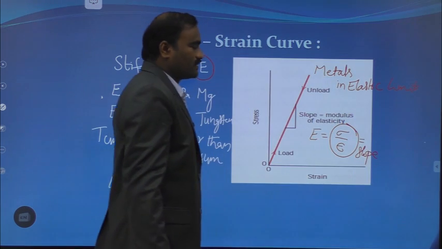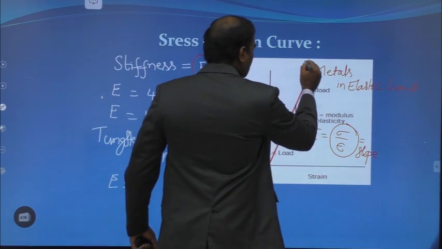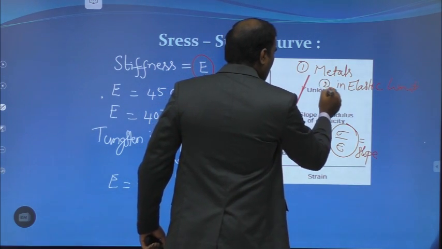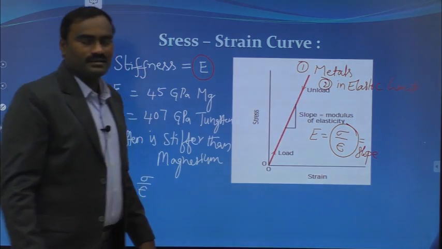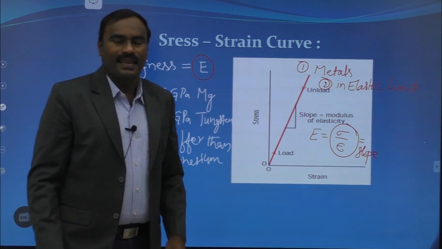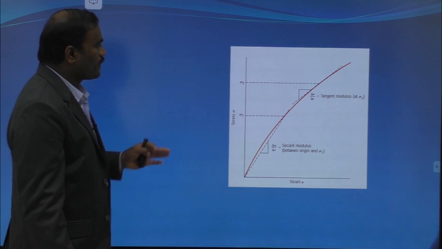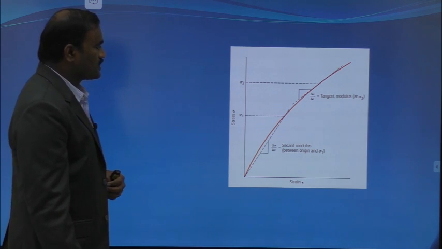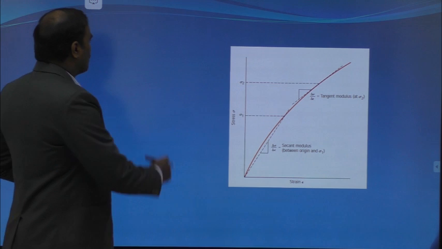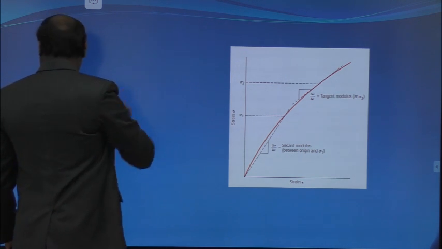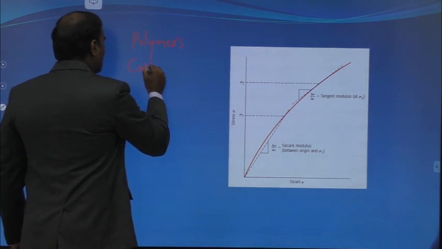So these are the two conditions. One is this stress strain curve is for metals, and the second one is it is valid in the elastic limit. Now let us see how the stress strain curve will be for materials like polymers or cast iron.